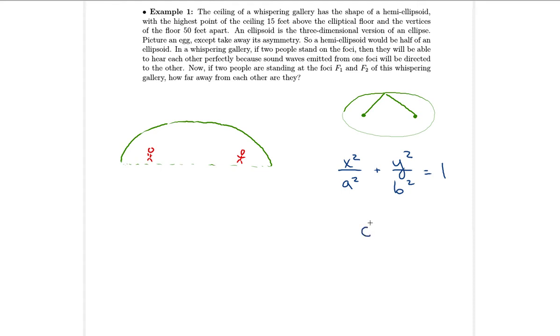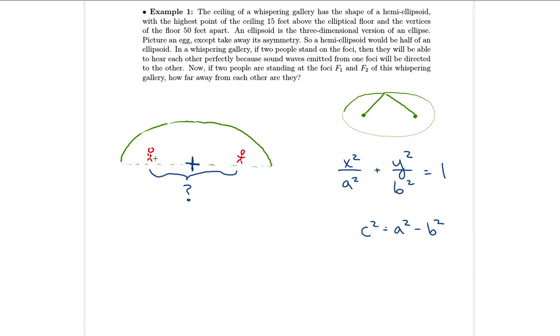Remember that C squared is equal to A squared minus B squared. Ultimately, they're asking how far apart these two people are standing. What we can do is impose a coordinate system on this. Let's say that right in the center here is my point (0, 0), right?